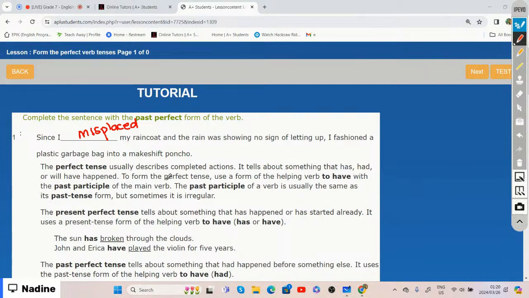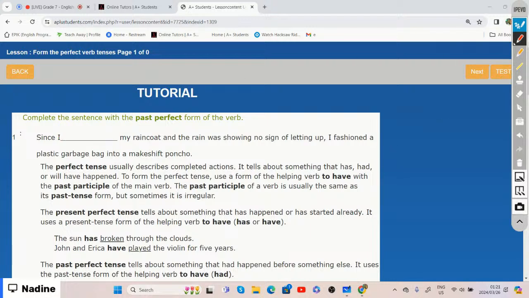All right. So if we are going to show the past perfect tense, then we add the word had in front. So it says, since I had misplaced my raincoat and the rain was showing no sign of letting up, I fashioned a plastic garbage bag into a makeshift poncho. So we basically added the helping verb had in front of our main verb.